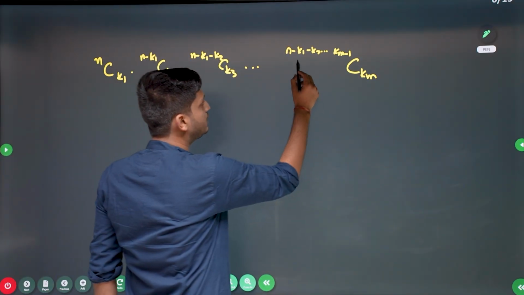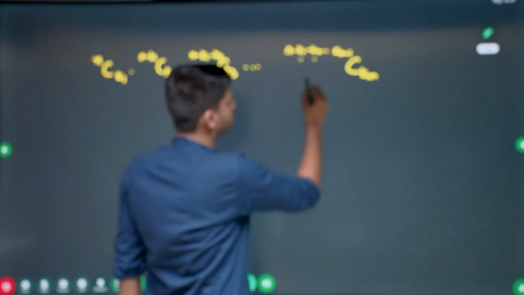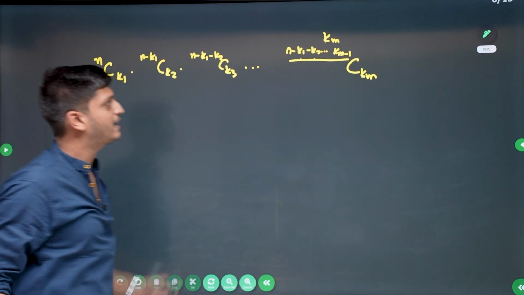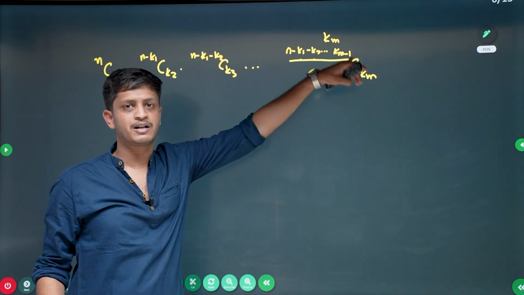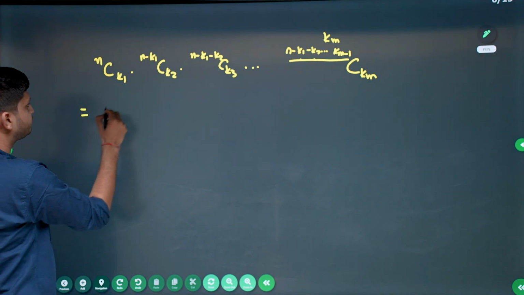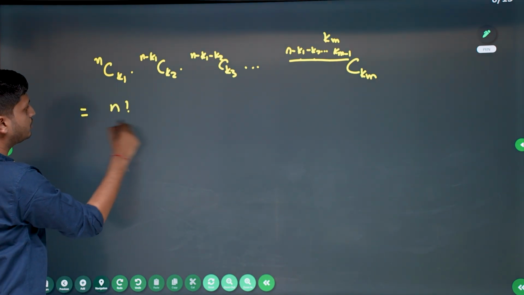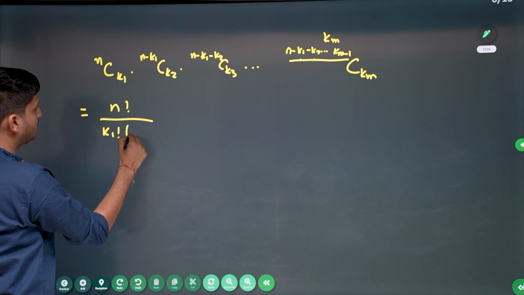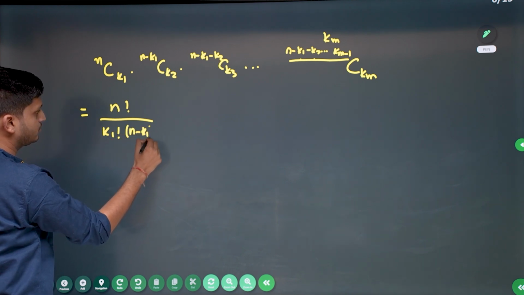We know that the sum of k1, k2, up to km minus 1, km will always be equal to n. So this term will automatically become km at the end. At the end you will only be remaining with km items only. From km you will choose km. So what will this product be? N factorial upon k1 factorial, n minus k1 factorial.